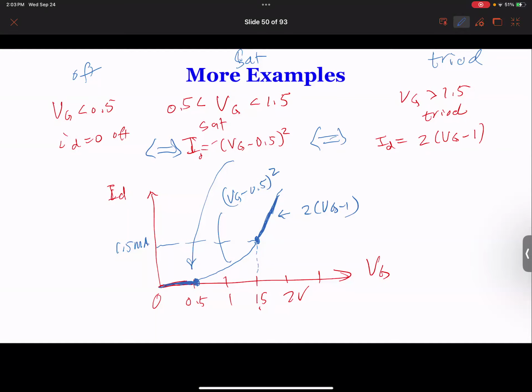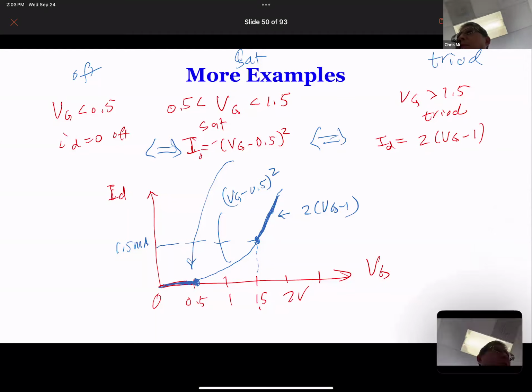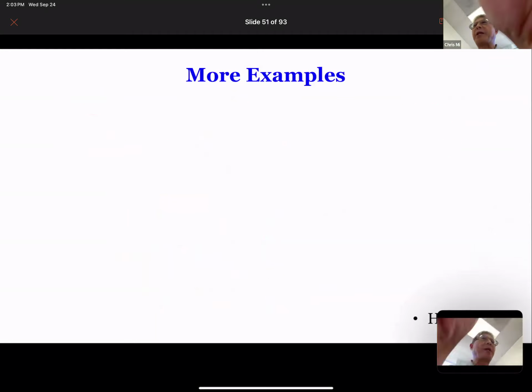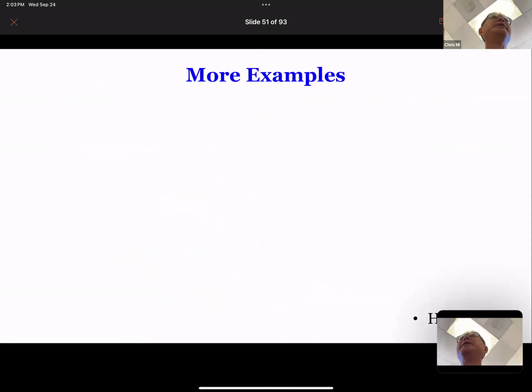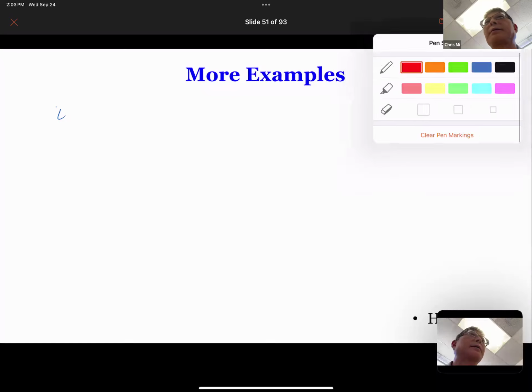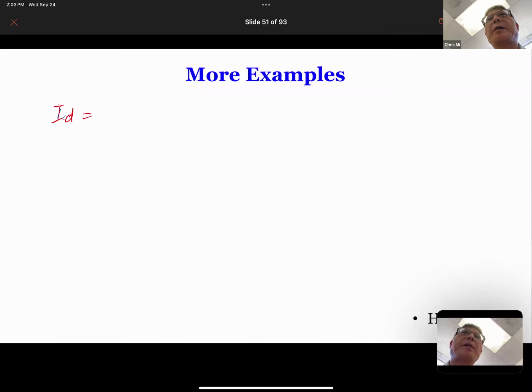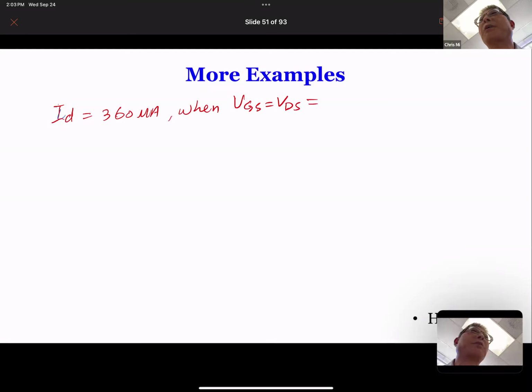Next, I want to do one more example before we conclude. Here we want to look at 5.18, either 5.18 or 5.17. Yeah, 5.18. What was given was that the current ID is 360 microamps when VGS and VDS are both 1 volt.